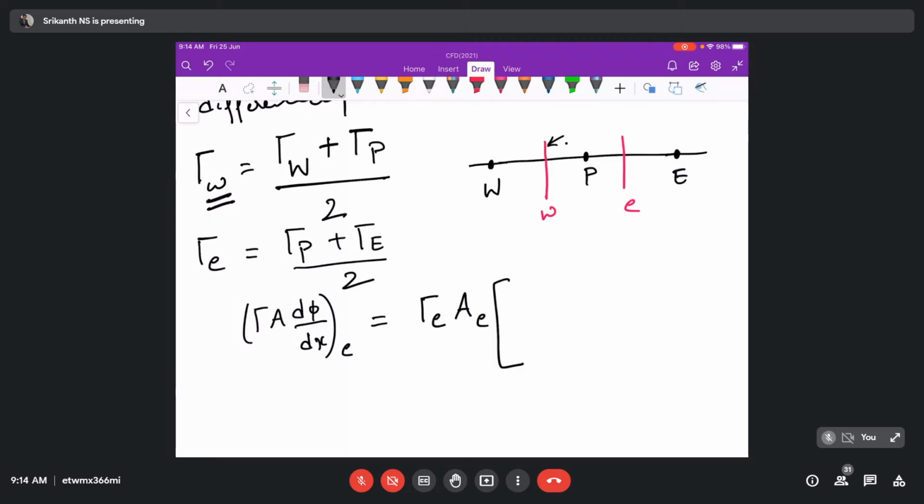So d phi by dx, see, at east face, please concentrate on this. At east face, I'm going to write it like this: phi e minus phi P, so capital letter, divided by delta x PE.